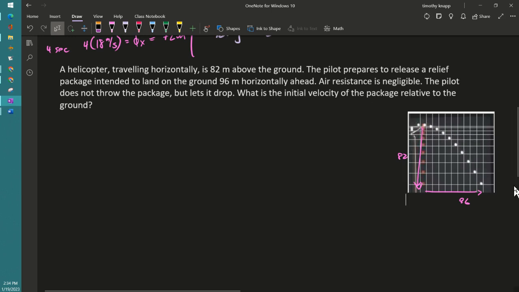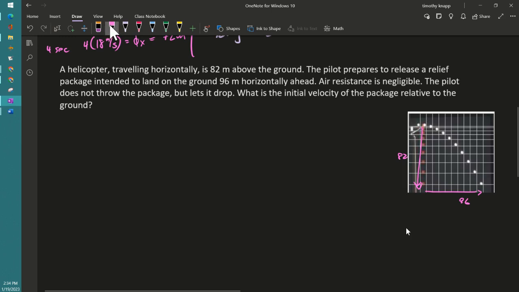It'll kind of be going too quickly, right? Question is what is the precise velocity that the helicopter needs in order to drop this package perfectly 96 meters in front of it when it knows it has to fall 82 meters vertically? That's kind of the idea here.